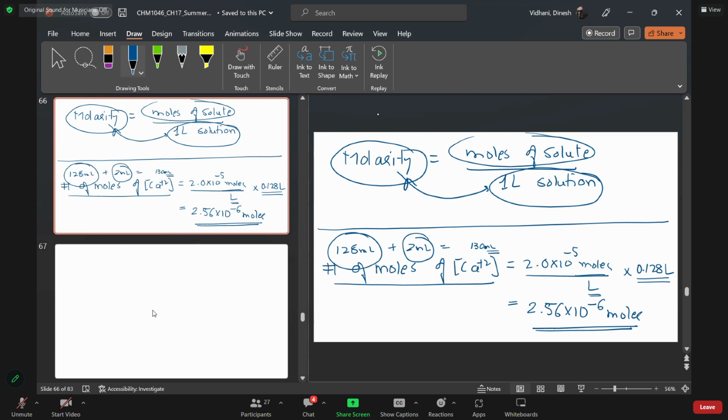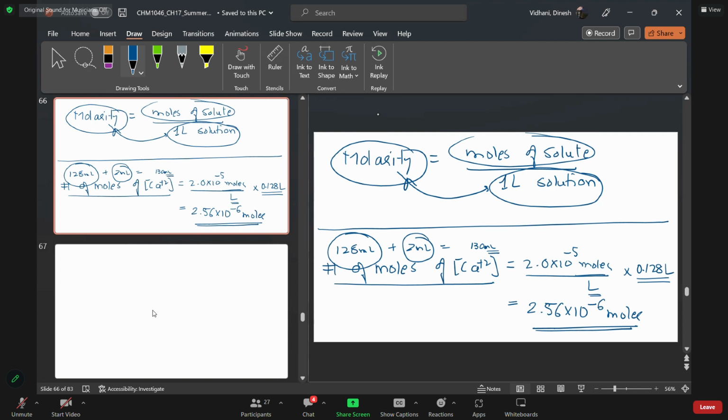Now, in this case, you might think that it's not going to be a big change, but when you are mixing the two chemicals on a large scale, this is going to make a big difference. So we convert everything into moles to start with, then recalculate our concentration, right?